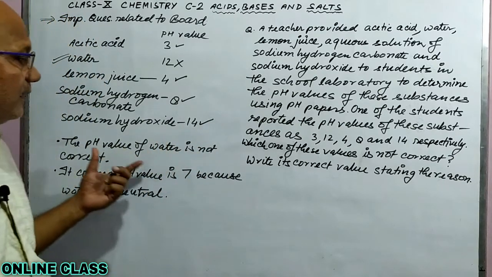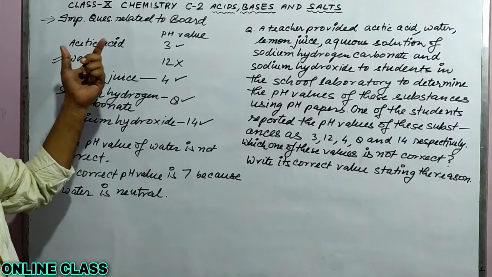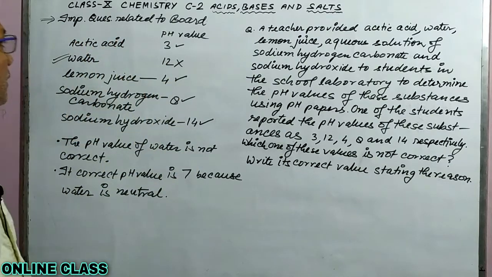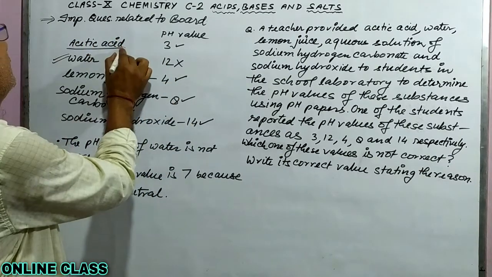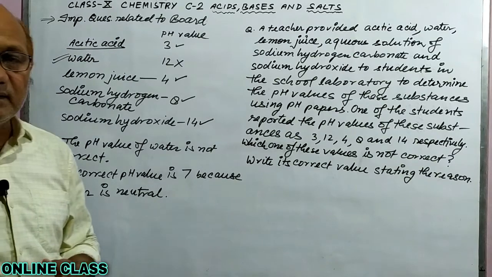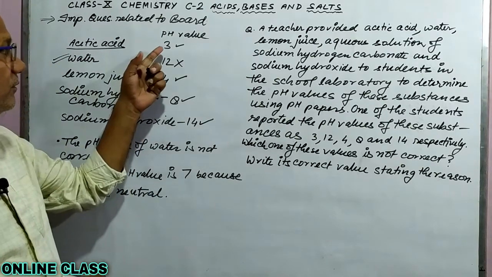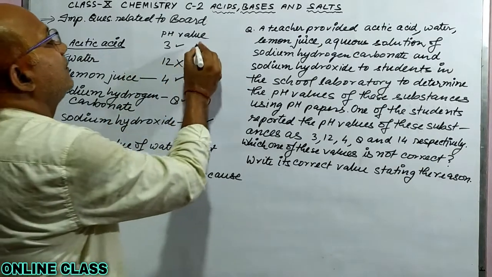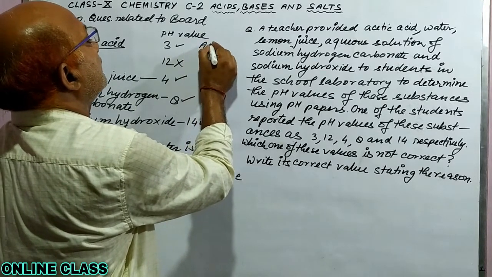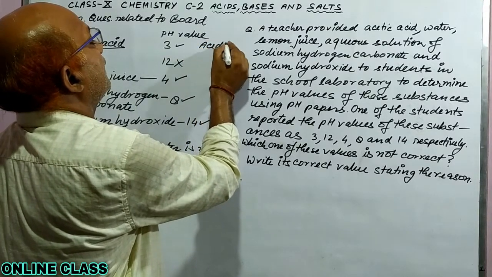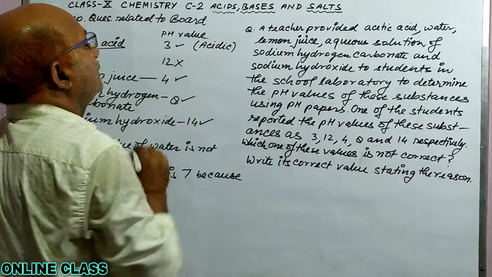So this is the answer, and you can recap. Acetic acid, it is acidic in nature, so its pH value is 3, so it is correct.